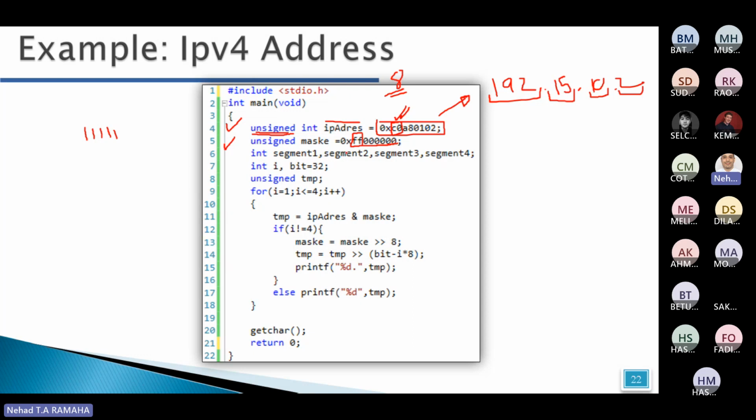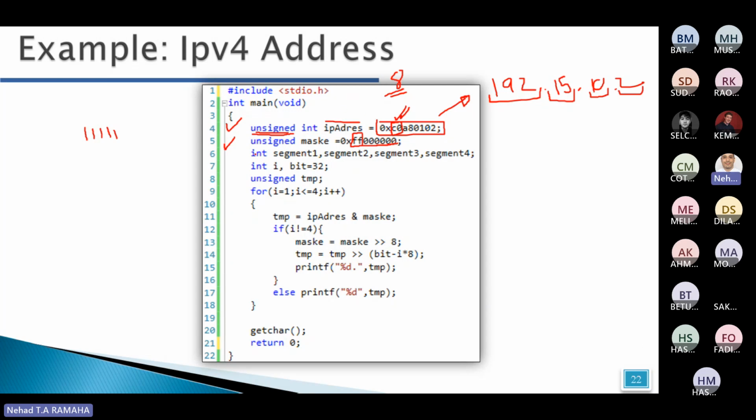So it doesn't matter if this number is decimal, hexadecimal, or written in bits, even as binary. At the end, it will be converted into binary, then the bitwise operator will be done on it, and then the compiler will return it to the original value, okay?